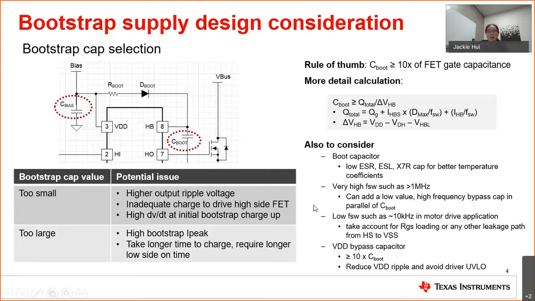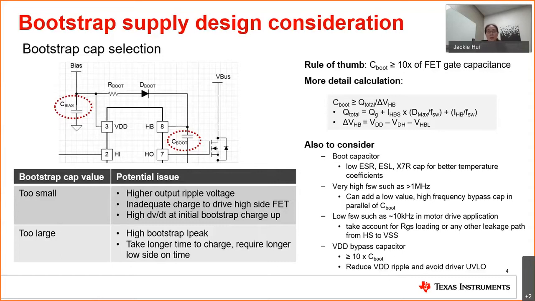And another thing to take into account is the application switching frequency. Although the duty cycle is already accounted for when we are calculating the boot cap value, if your application is running at a high frequency, for example, more than 1 megahertz, you might have high frequency noise coupling to the bootstrap circuit.